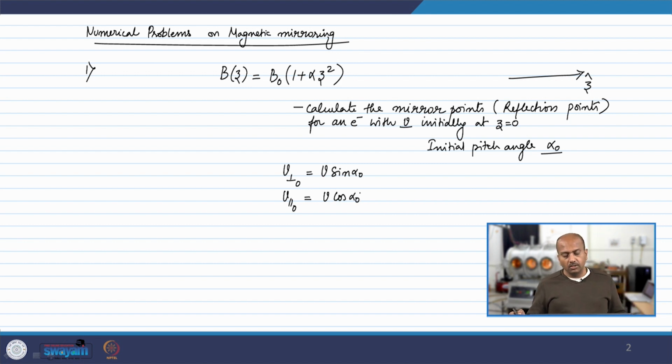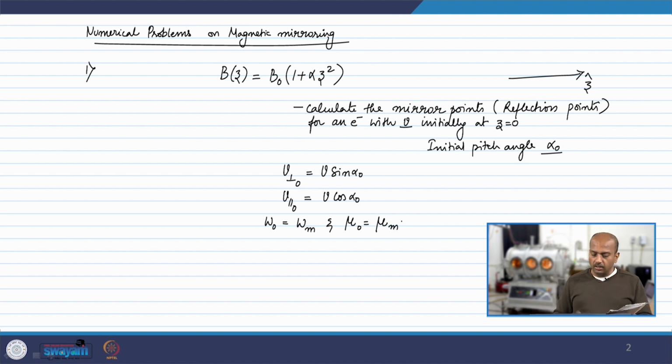V perpendicular is equal to v sin theta, v parallel is equal to v cos theta. We know how to draw components, simple vector analysis. Let us say the initial point is indicated with a subscript of 0, the kinetic energy there is Wm and the magnetic moment mu naught is equal to mu m.